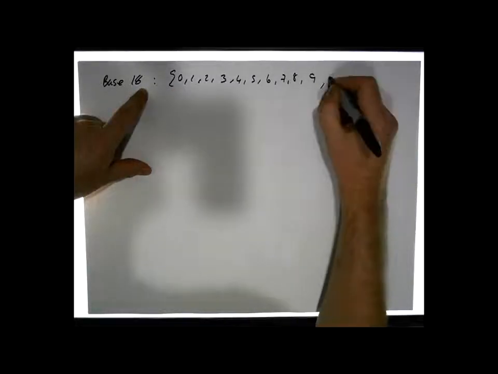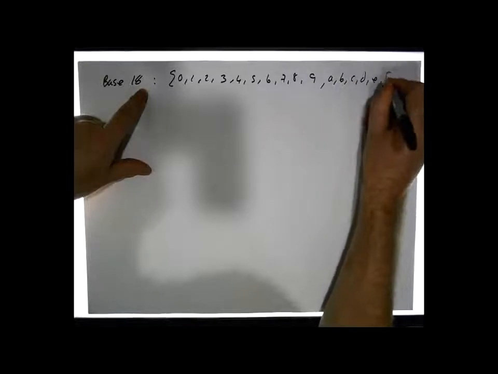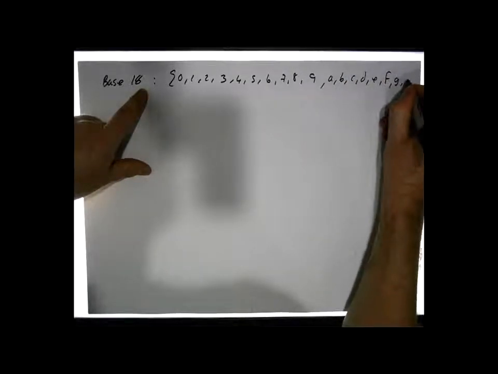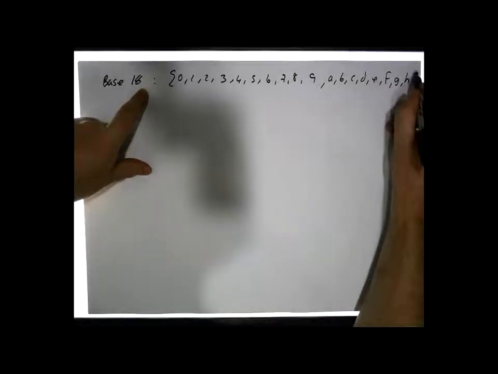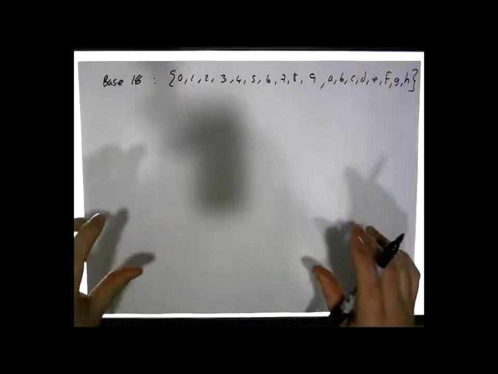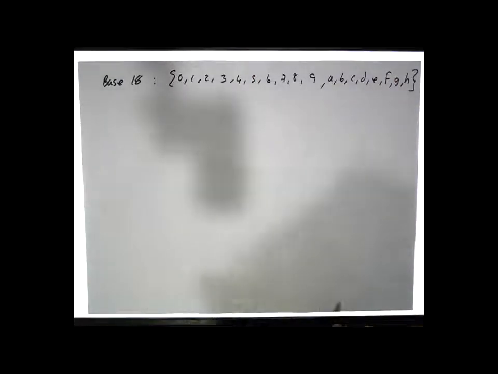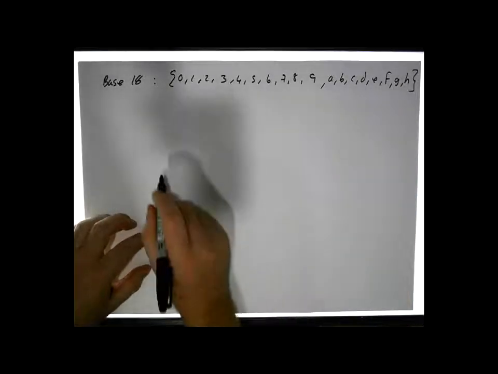So we need another A, B, C, D, E, F, G, H. If I'm not mistaken, that's 8. That's what base 18 would look like. And numbers in base 18 are taken from here. It's a crazy base. I haven't seen that being used.